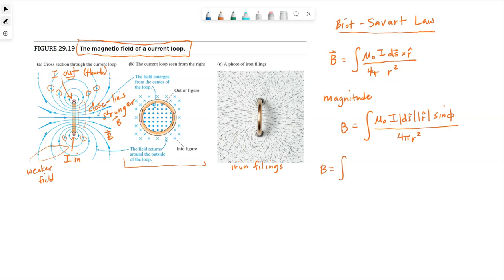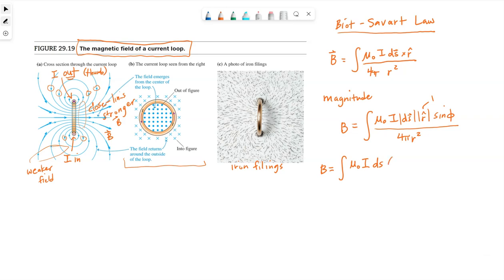So I'm going to write this, mu naught times I. ds is just going to be the magnitude of the length of the little piece of wire that we're going to talk about. The magnitude of r hat is just the number 1, because it's a unit vector, so it has a length of 1.